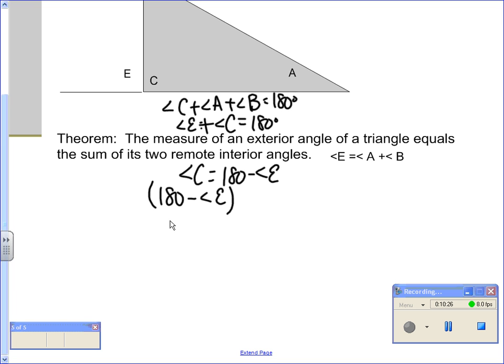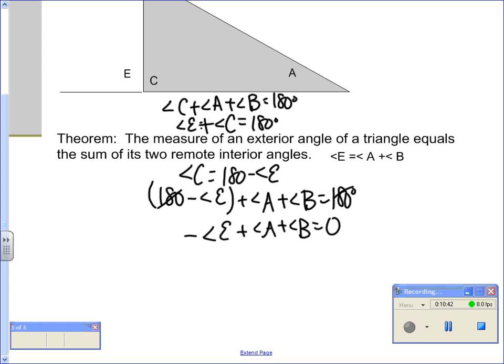Instead of C, I just put in 180 minus angle E plus angle A plus angle B equals 180. The 180s cancel, so we have negative angle E plus angle A plus angle B equals 0. Add angle E to the other side. Does that make sense?